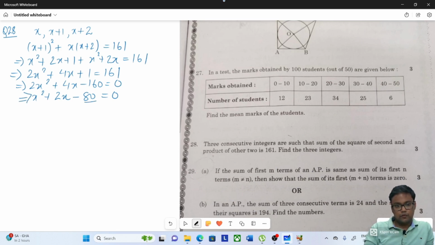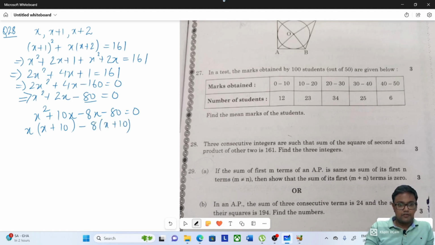So now you can do it by the middle term splitting method. I can see the split as 10x minus 8x minus 80. So x plus 10 is a common term when x is taken out common, and 8 again times x plus 10.